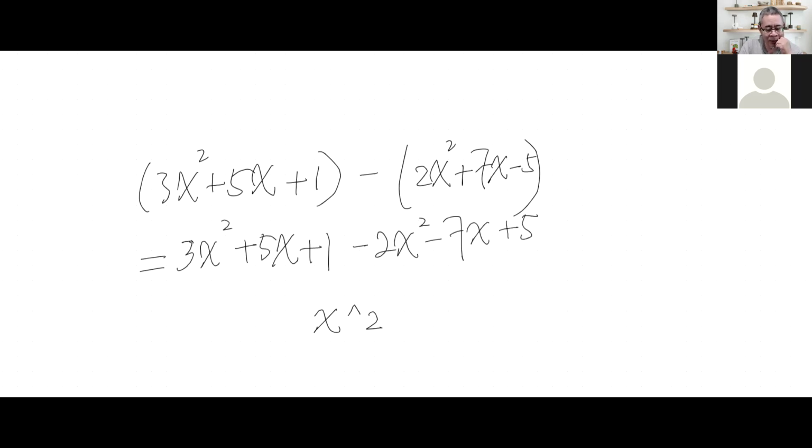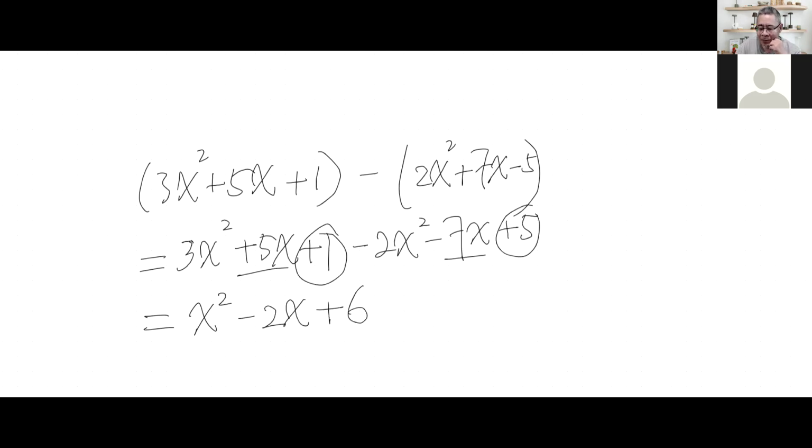Then 3x squared minus 2x squared, we know it's x squared. Think about 3 boxes, then take away 2 boxes. But 5x minus 7x is minus 2x. And then 1 plus 5 here, there's 1 here, there's 5 here, both are positive. We got 6.